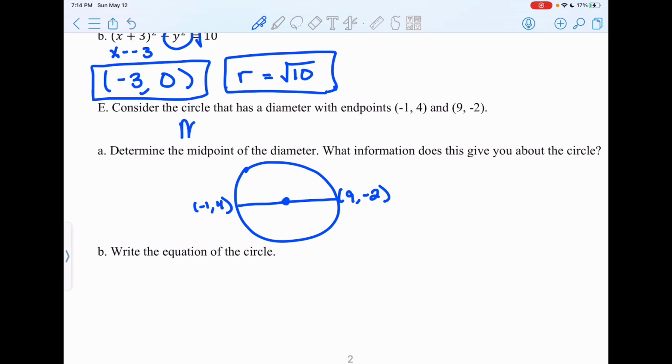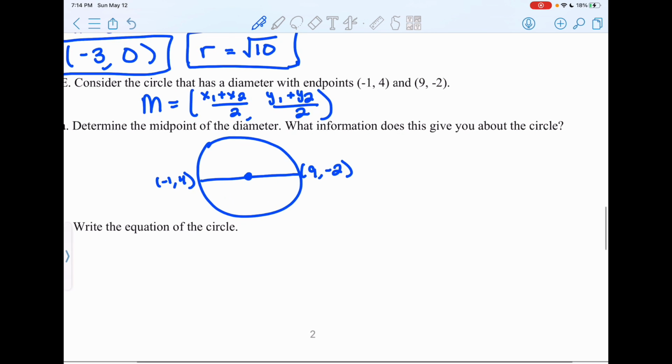Remember, our midpoint formula is we are going to add the x's and divide by 2, and then add the y's and divide by 2. Because by finding the average of our x's and our y's, we will find the point that's in the middle of these two endpoints.